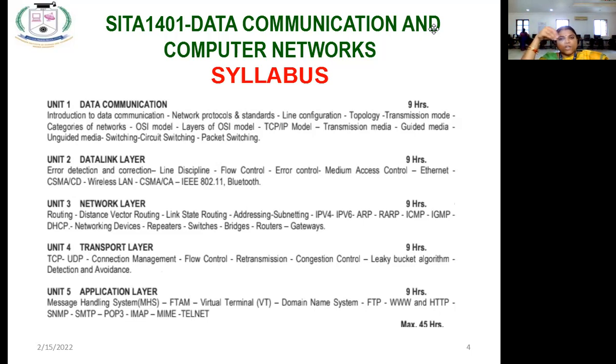It will be converted into the form suitable for transmission through the medium. Whereas the data link layer will add some more things to it. It means, in order to use the medium, what is the discipline that should be followed in the medium, how to identify whether there is any error, how to detect as well as correct it, all that is taken care of by the data link layer.